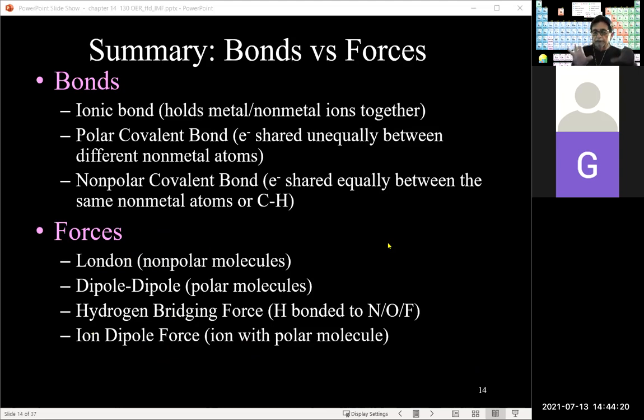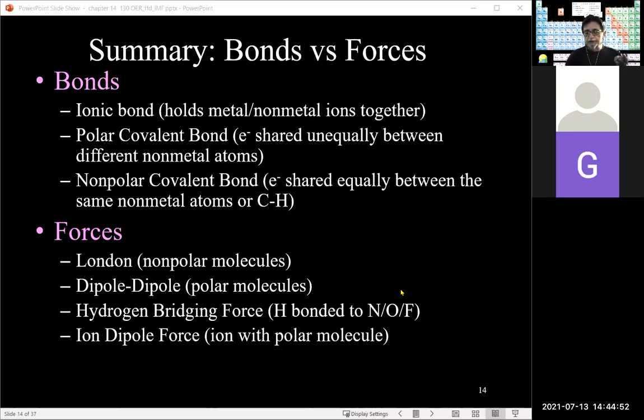So, to summarize bonds versus forces. We know bonds: we've got ionic bonds, which hold metal and non-metal ions together. Polar covalent bonds, where there's a sharing of electrons, but in this case an unequal sharing because one atom has higher electronegativity than the other. And non-polar covalent bonds, where we have equal sharing of electrons, okay? Those are the three types of bonds we dealt with.